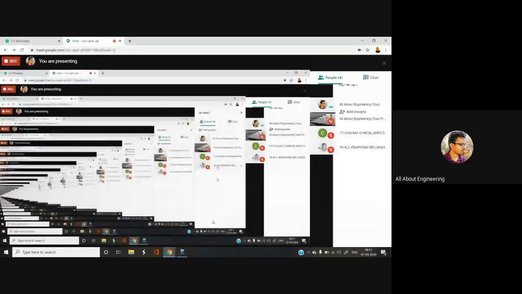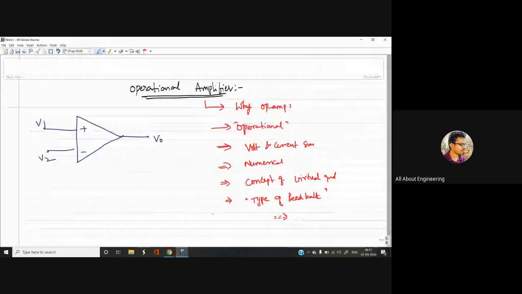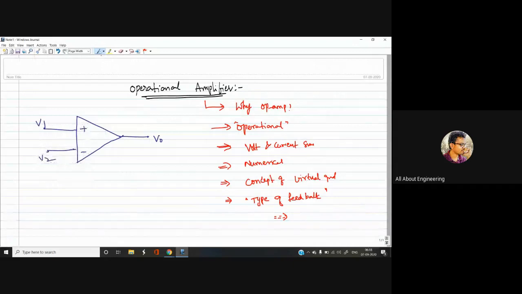Okay, Sri Lakshmi, welcome. Okay, V2 is called the inverting terminal, and V1 is called the non-inverting terminal, and this is called the output terminal.